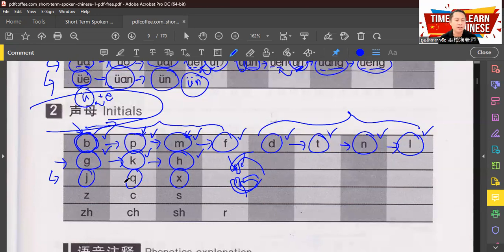Okay, for J, we will call G in Chinese. Again, please. J is G. Okay, G. Next one, Q. Q is quite different from English. Q we will call she.